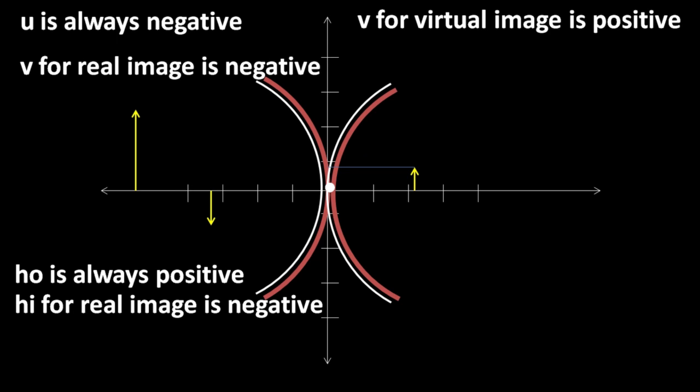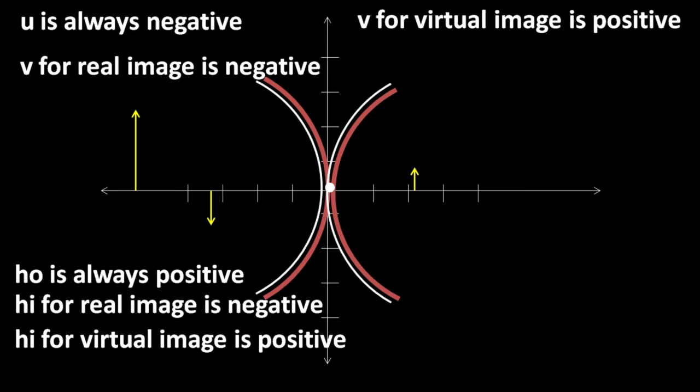Height of image in case of a virtual image is measured from its tip on the y-axis, and we see that this distance is above the origin, and hence it is positive. So we get the height of image for virtual image is positive.